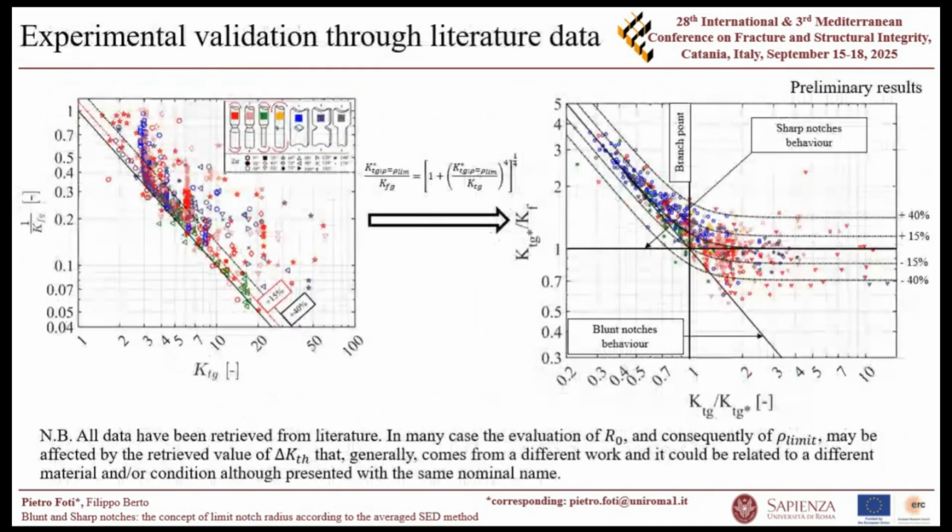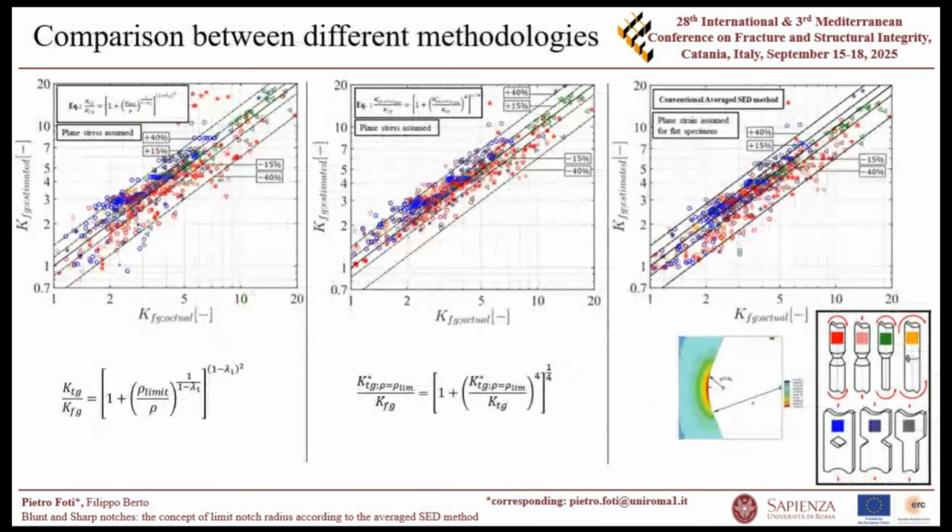And in this case, you can see how the second equation that we proposed works in defining the limit condition between blunt and sharp notches. Finally, here you can see a comparison in terms of estimated fatigue strength reduction factor and actual fatigue strength reduction factor for the first equation that we have proposed, the second equation that we have proposed, and for the conventional way to apply the SED method.